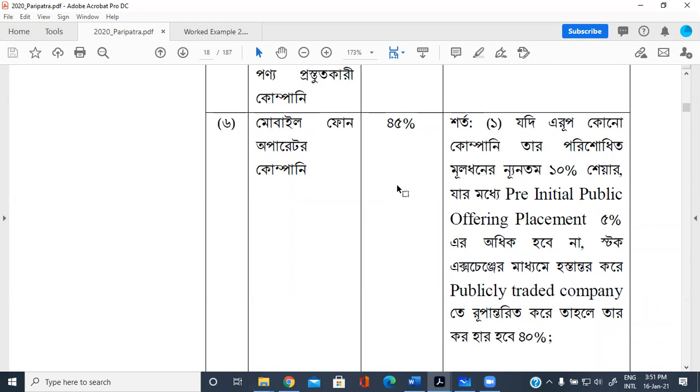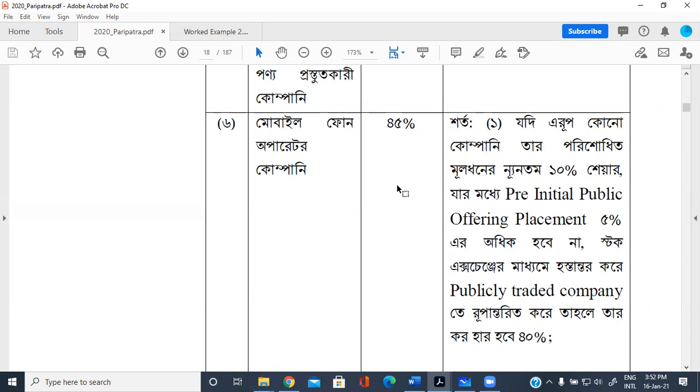In case of listed companies, Robi is now the largest company in terms of its market capitalization, also in terms of the capital it has issued in the market.